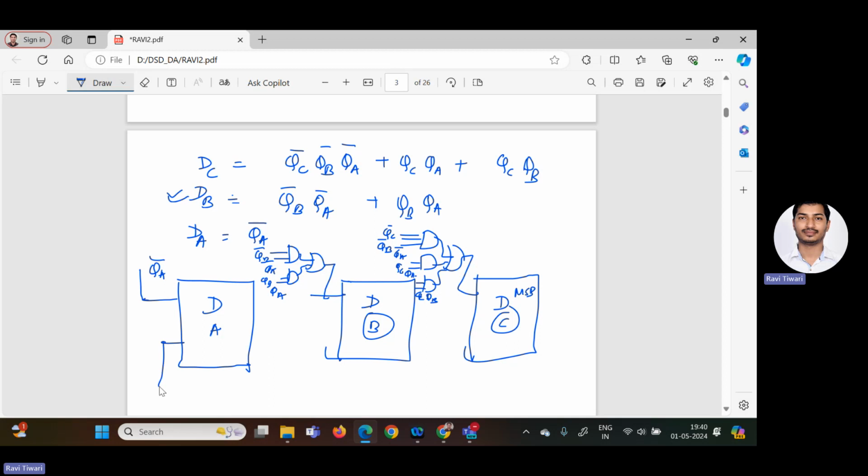Similarly, as you know, this is a synchronous circuit, so we have to provide the same clock to all the flip-flops. So here I'm providing it like this. Here, as this is a D flip-flop, you will get QA output. Here you will get QB output. Here you will get QC output. And this is the circuit for a 3-bit synchronous down counter using D flip-flops.